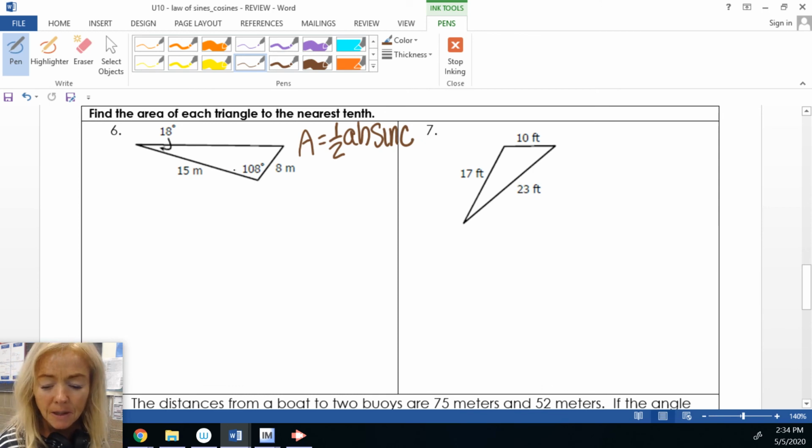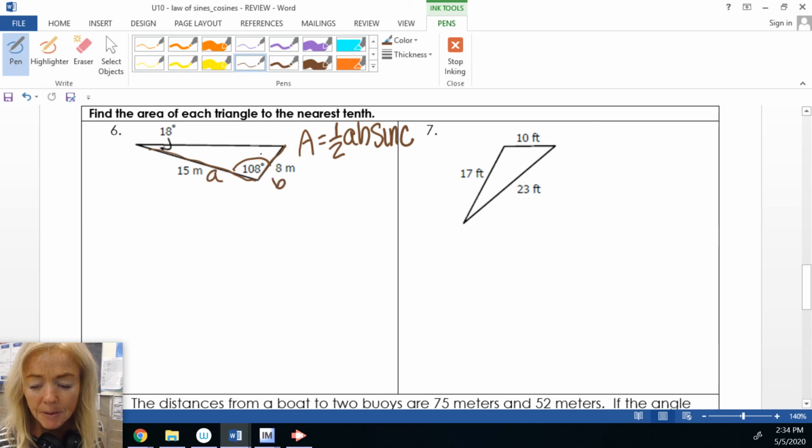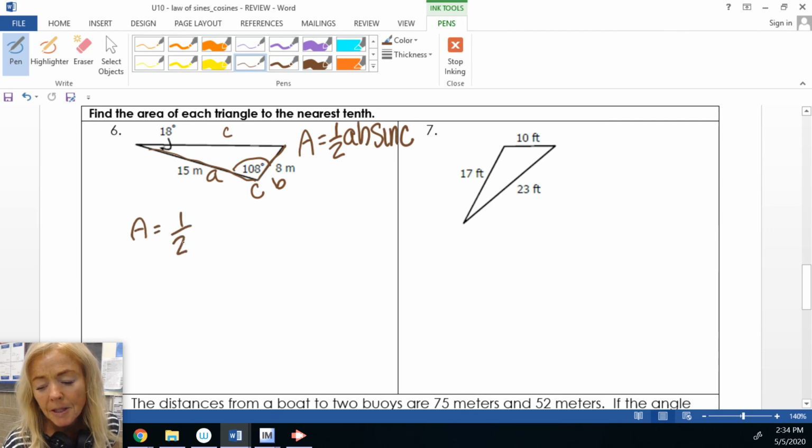If you recall, this angle and these sides become A, B, and angle C, because the opposite is little c. So you just have to plug your numbers into the formula, which isn't too rough. The area of the triangle is equal to 1/2 times the sides that wrap the angle, 15 and 8, times the sine of the angle between them.